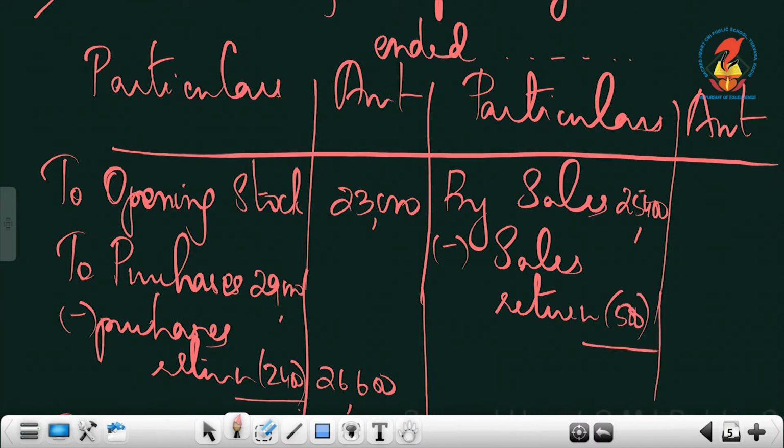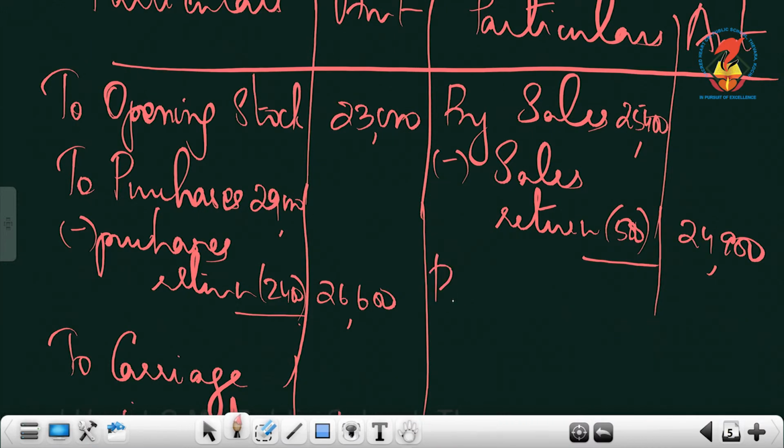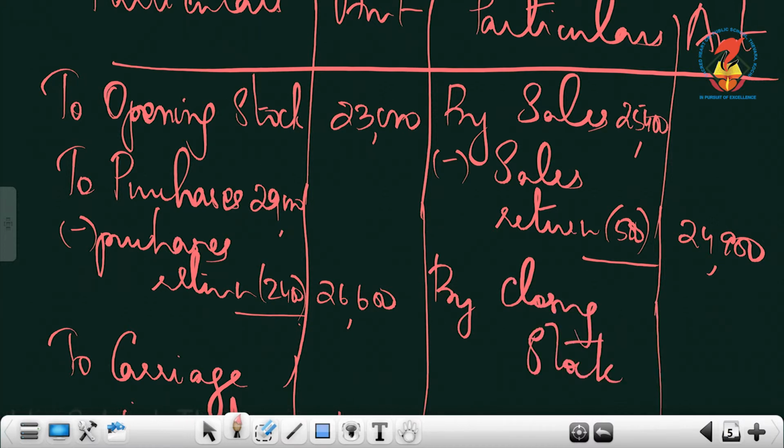Then draw a small line in the inner column and write the final figure in the outer column like 24,900. Then we can write by closing stock. Closing stock, the amount is 47,700.